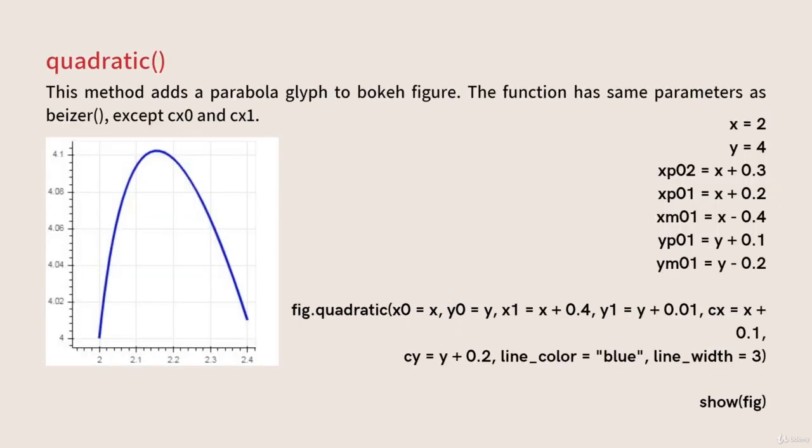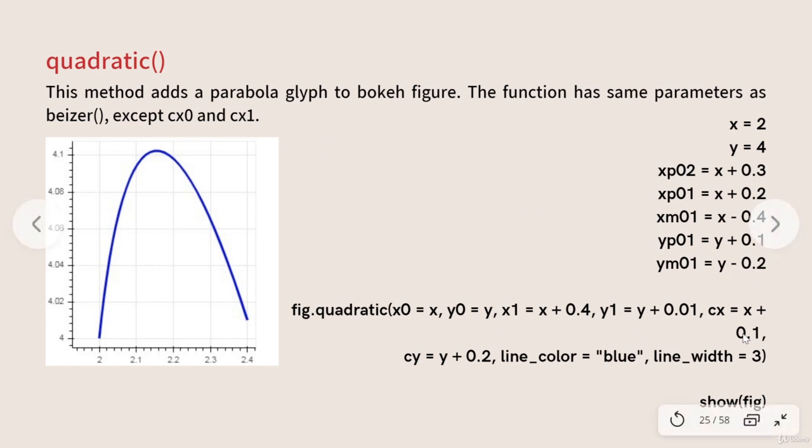Instead of Bezier, you can have a quadratic shape also, so it will add a parabola glyph to it. So in a parabola, these are the parameters, again almost the same parameters, except one or two differences. CX0 and CX1, the X control points, are not required in a quadratic.